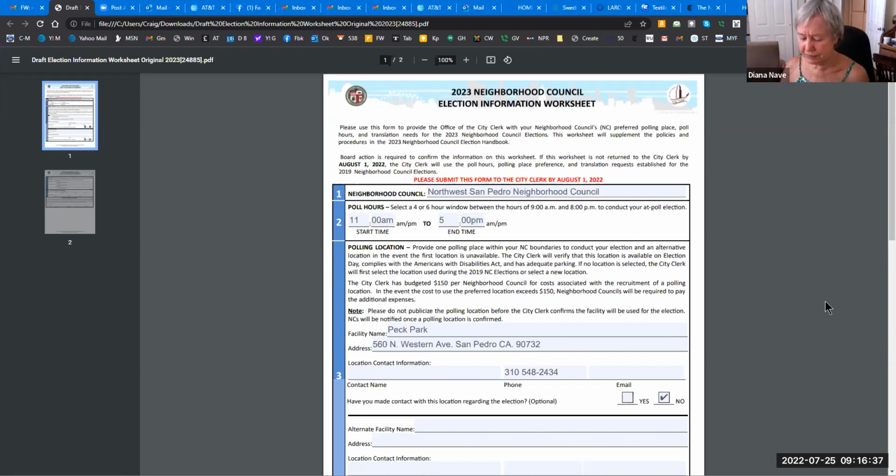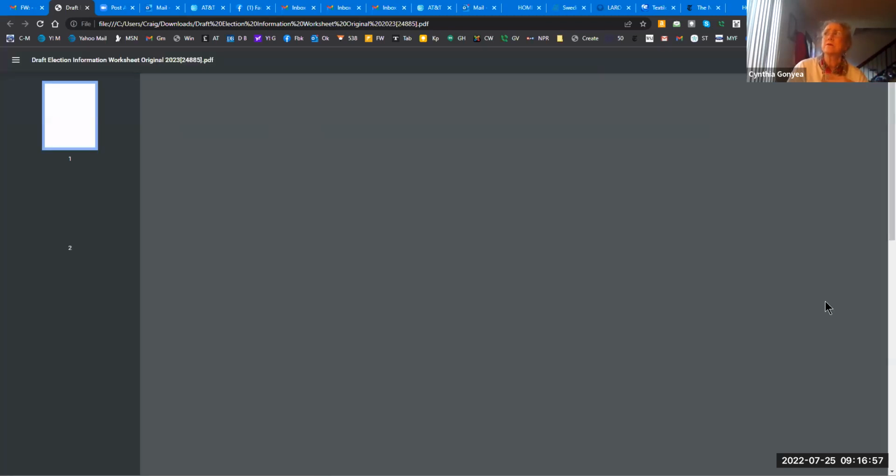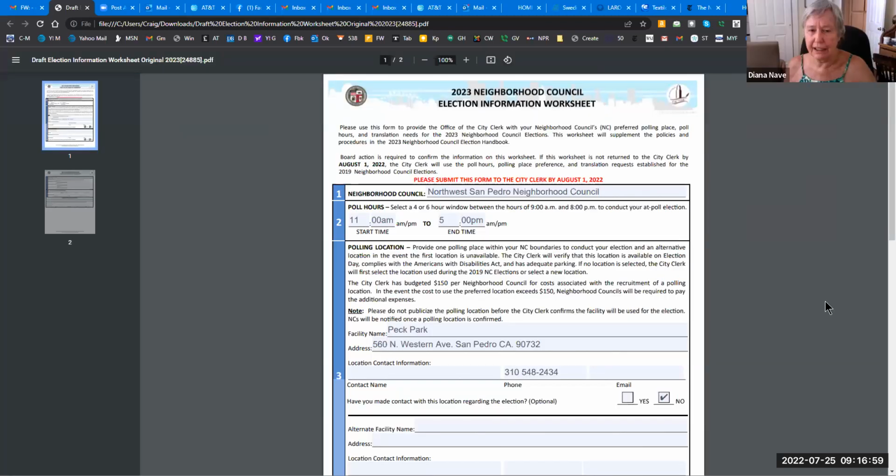I'm going to suggest that at some point you say to them, it would make more sense for neighborhood councils to have the same month every year rather than changing our month. I disagree. I don't understand that at all. Yeah, because it's not days or weeks, it's months difference. I really would like to file an objection to the change.